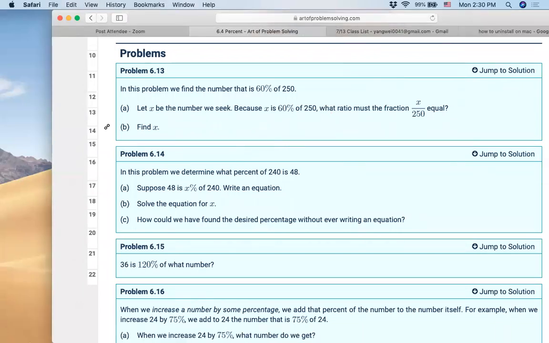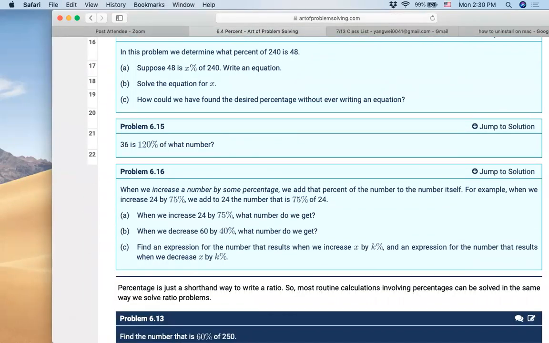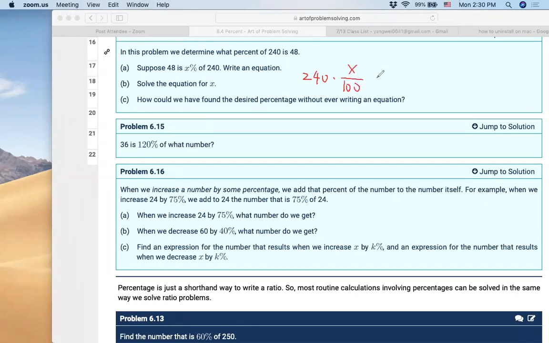Now let's go to 6.14. Say we try to determine what percent of 240 is 48. To do this, you can suppose 48 is x percent of 240. Write the equation: 240 times x percent gives you 48, right?